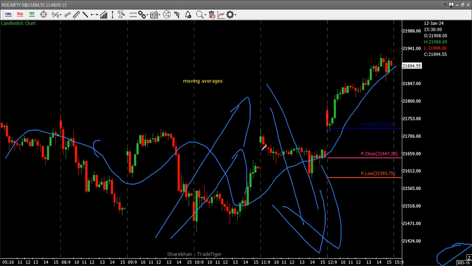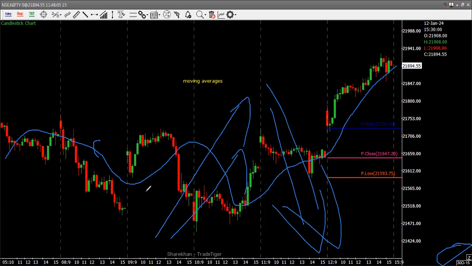What is the best way of using moving averages? See, a moving average doesn't predict the price direction. It simply follows the price. One thing you have to keep in mind: a moving average doesn't predict the direction. If the market is going up or down, the moving average doesn't indicate that the market will go up or down.